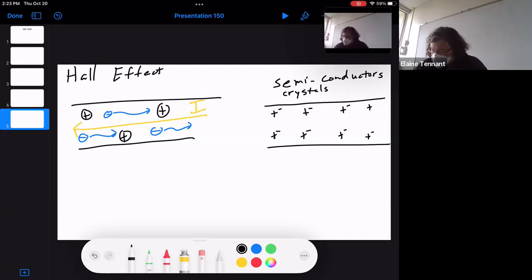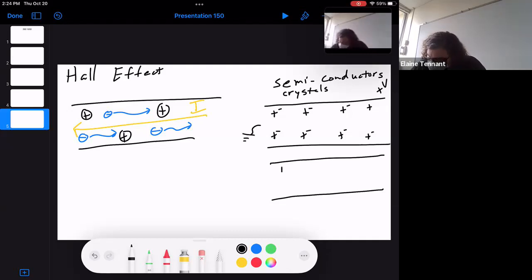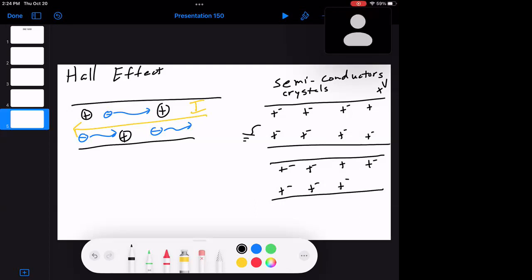With proper application of voltage, where we have a plus voltage over here and we hook this to ground over here, it will be possible for one of these negative charges to jump off of its proton that it's holding onto.